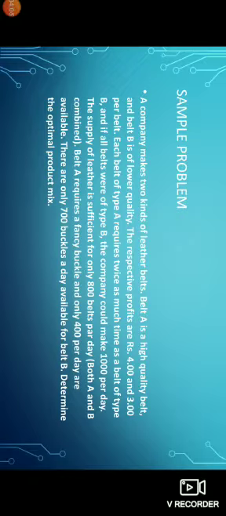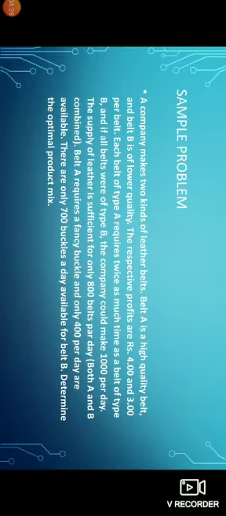Each belt of type A requires twice as much time as a belt of type B, and if all belts were of type B, the company would make 1000 per day.